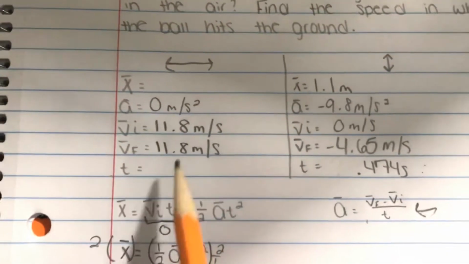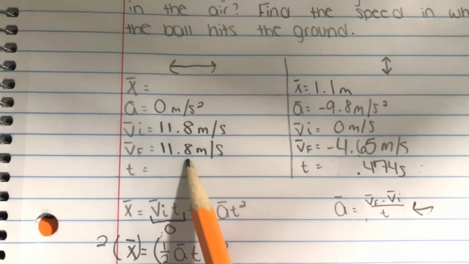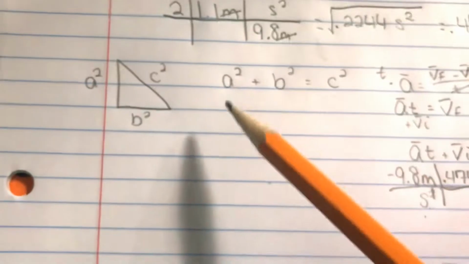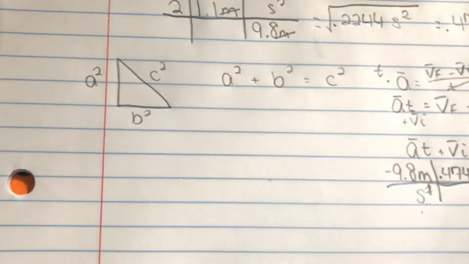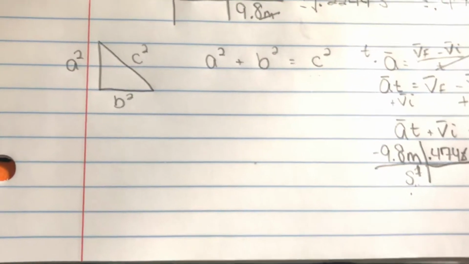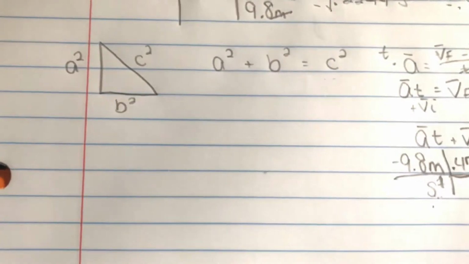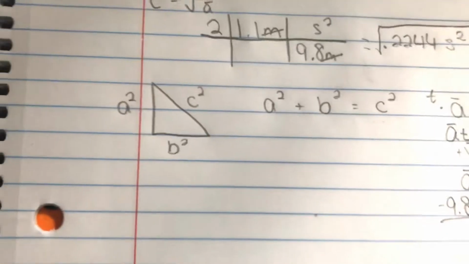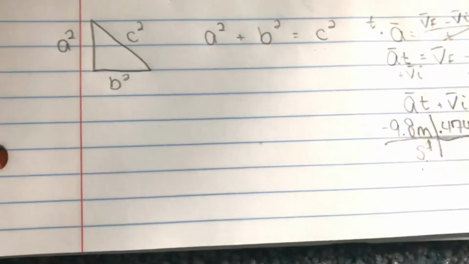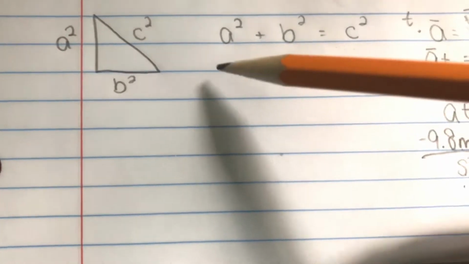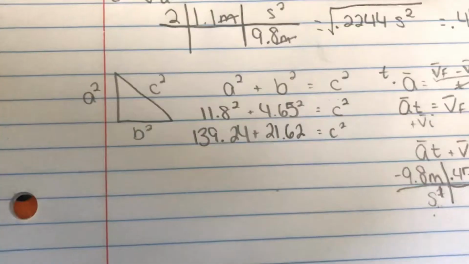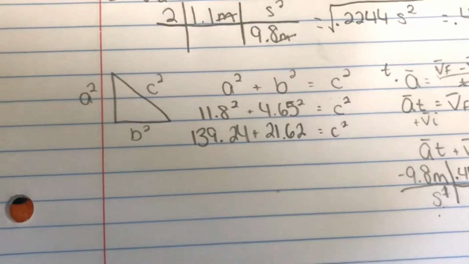Now that we have our two velocities, 11.8 and negative 4.65, we can plug those into a squared plus b squared equals c squared, and then find the speed in which the ball hits the ground. This is just like what you learned in previous math classes. 11.8 is going to be a, and negative 4.65 is going to be b. You can do this one of two ways.